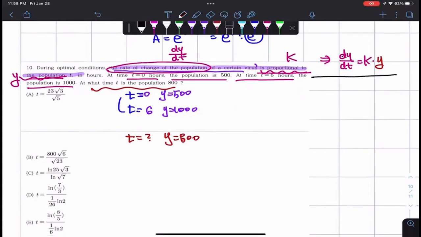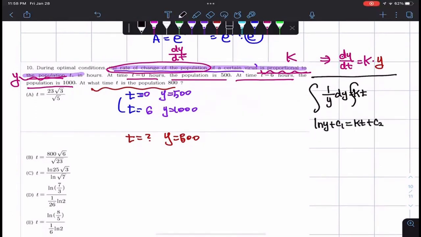Let's solve this differential equation by using the separable method. Separate like this, k dt. Integral on both sides: ln y plus c1 equals kt plus c2. ln y equals kt plus c2 minus c1.